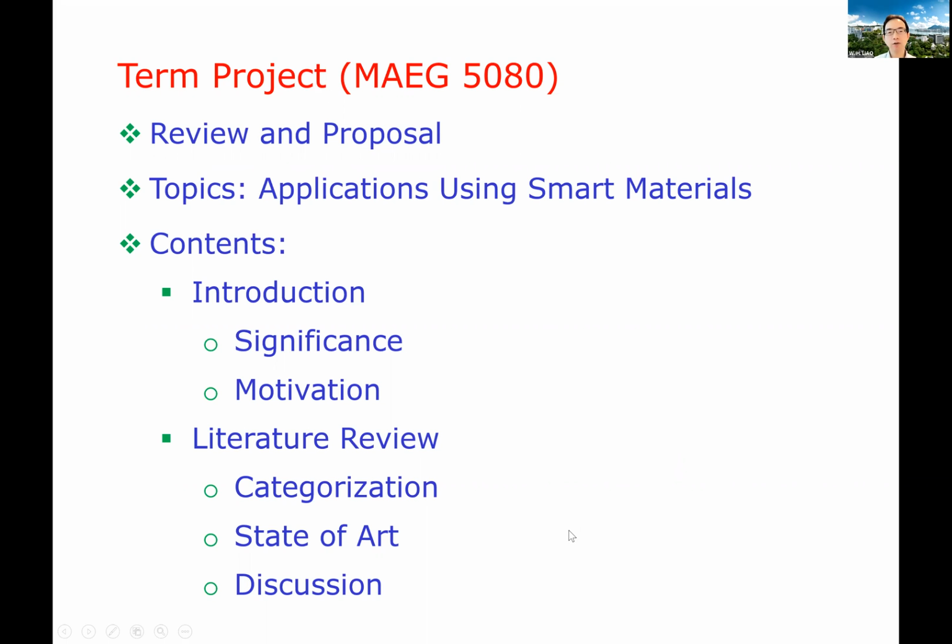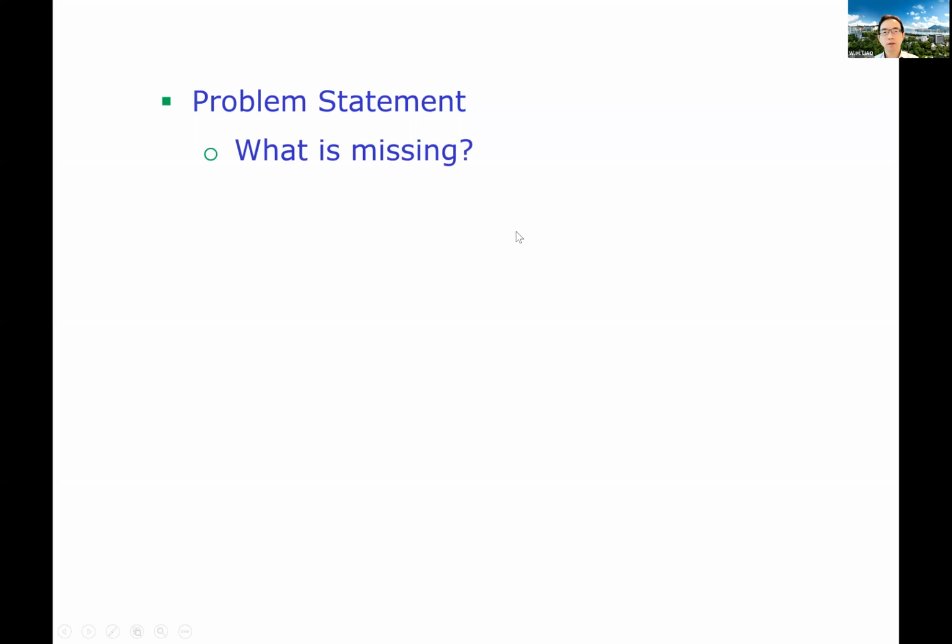So that's the discussion about what other people have done in their work. After the discussion, you need to put down the problem statement. What is the key problem you would like to address, right? Here, what is missing? Missing means this will be your opportunity. As I mentioned, a lot of issues and problems the authors are not going to tell you exactly.